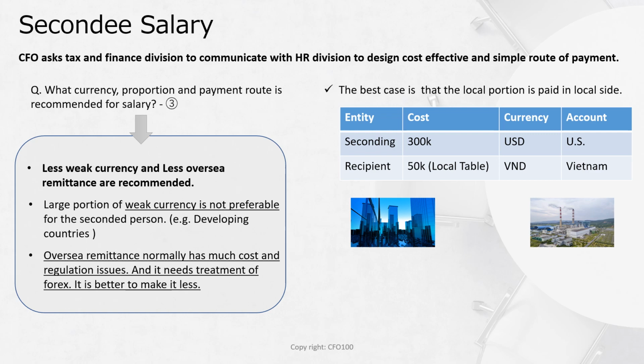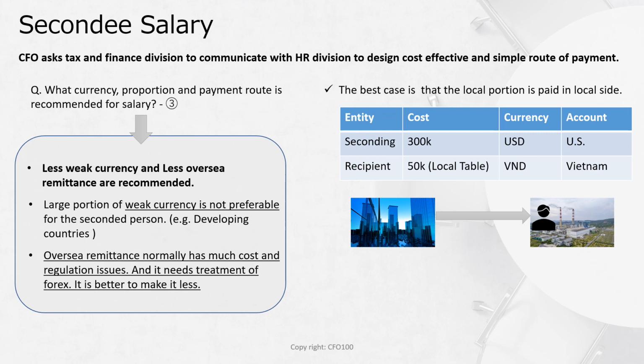Based on the local salary table, the recipient company only bears 50K and the seconding company takes 300K. If the proportion is also fine for the seconded person's view of his life, each portion will be paid only in each country to avoid any unnecessary international remittance.